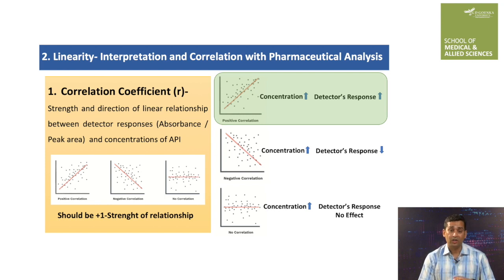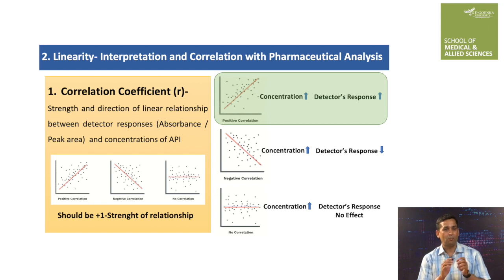In positive correlation, the detector's response increases with increments in API concentrations, while in negative correlation, the detector's response decreases with increments in API concentrations, while in no correlation status, the detector's response does not depend upon API concentrations.